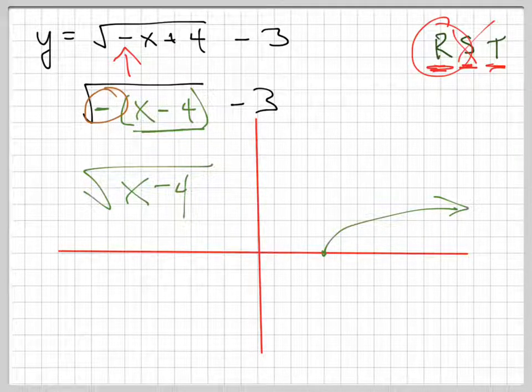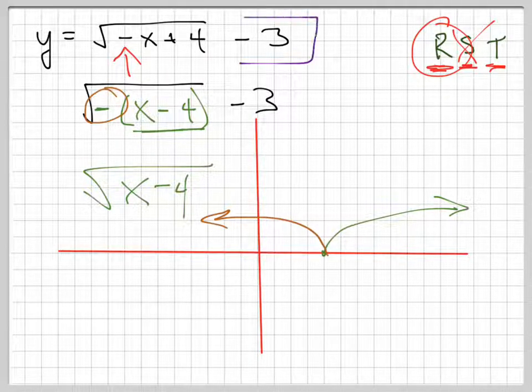It flips it over the y-axis. So it's flipping not over the y-axis, it's flipping over its own vertical axis. So it's actually doing this. Okay, and now I apply the third transformation, which is minus 3, which would shift the entire thing down 3.